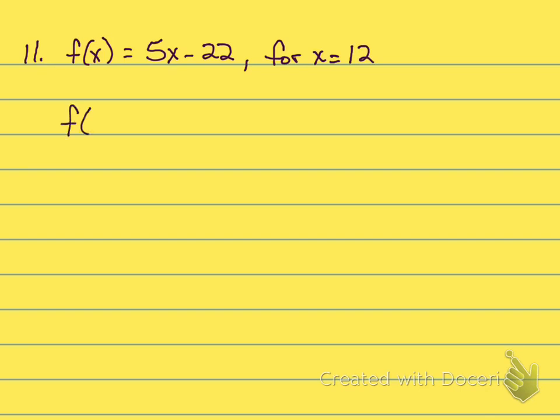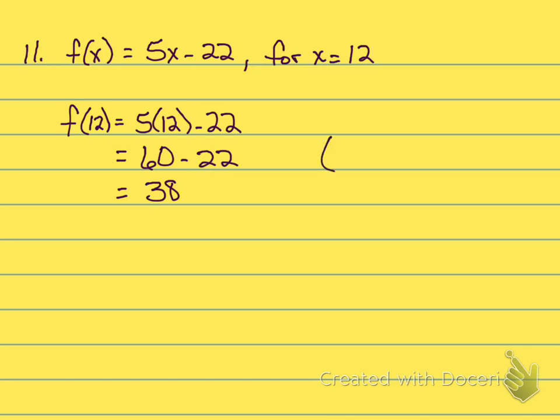So, the function when x is 12 is 5 times 12 minus 22. So, 5 times 12 is 60 minus 22. 60 minus 22 is 38. So my ordered pair is 12, 38.